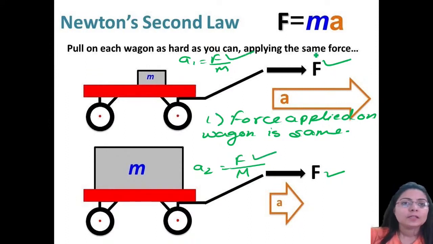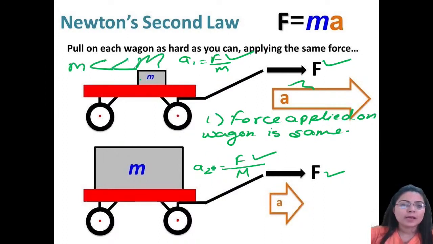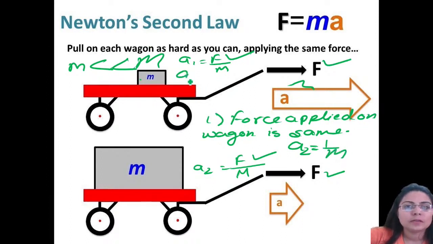Let's imagine the mass of A, the small mass, is very much less than the capital mass. Then what will be the effect? Acceleration equals F upon M. F is constant, so we can leave it out. So A is directly proportional to 1 upon M, and here A1 is directly proportional to 1 upon small m.